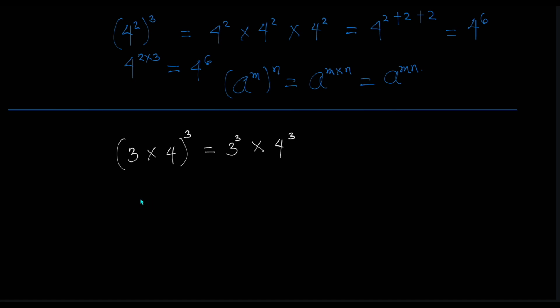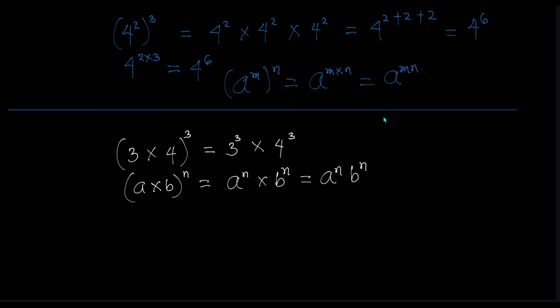Similarly, if I want to write it in a more generalized form, a multiplied by b, raised to the power of n, can be written as a raised to the power of n times b raised to the power of n, and you can put them side by side as a to the power of n, b to the power of n.